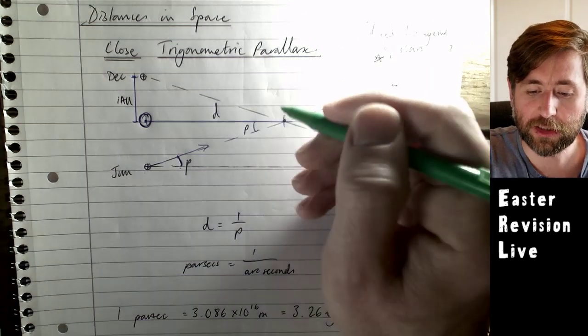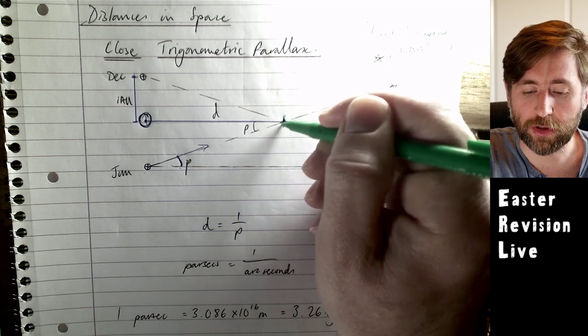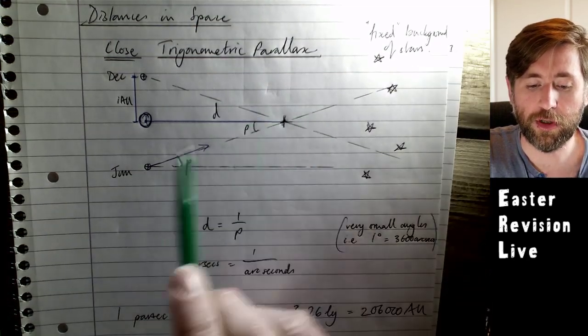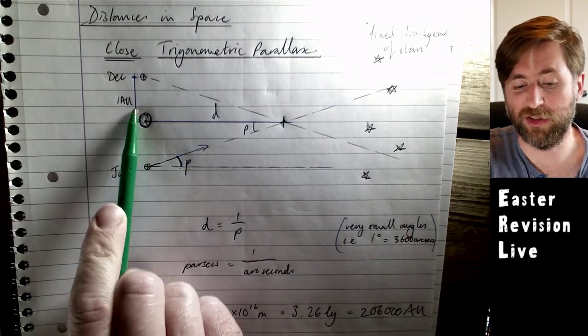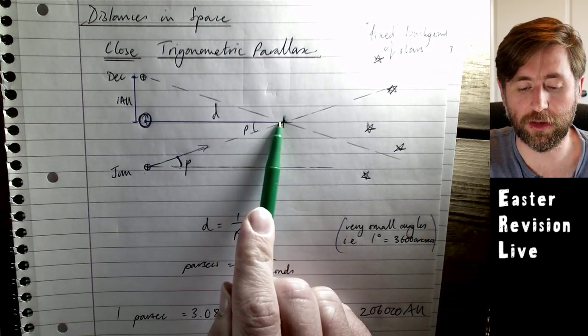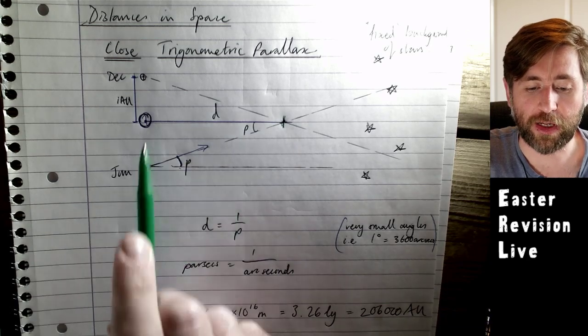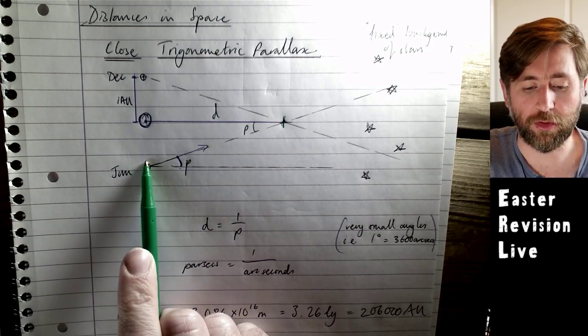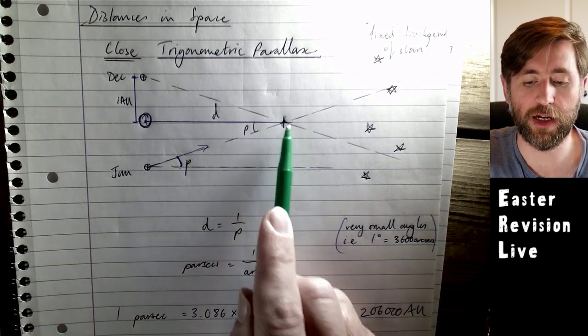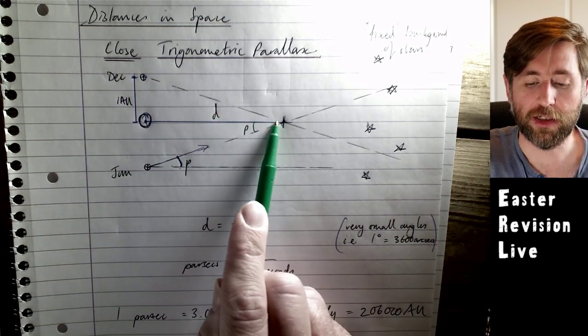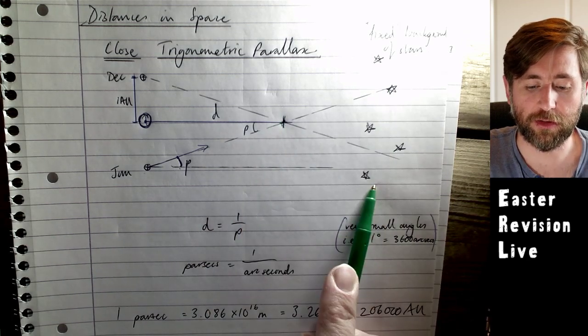So this is our star that we're trying to look at here, and we're trying to work out our distance from Earth, or from the Sun, from our solar system if you like, to that distant star. We wait for half the year, 6 months to pass, and we take 2 measurements of the angle that we see that star at against a fixed background of stars.